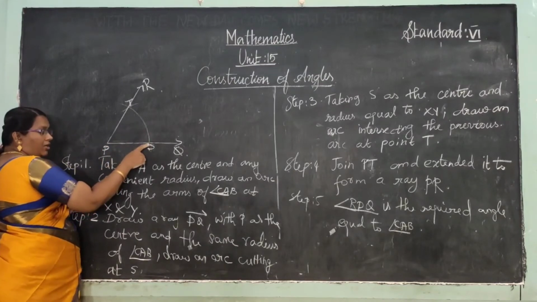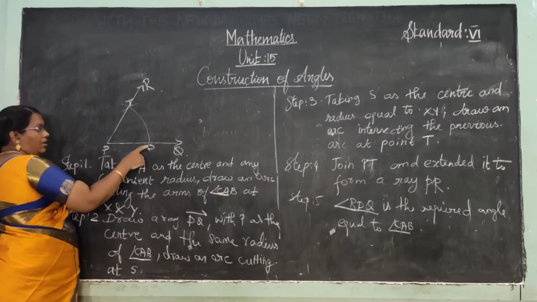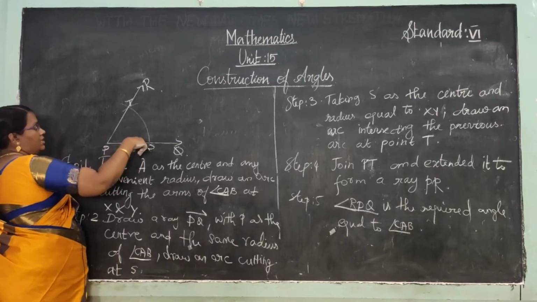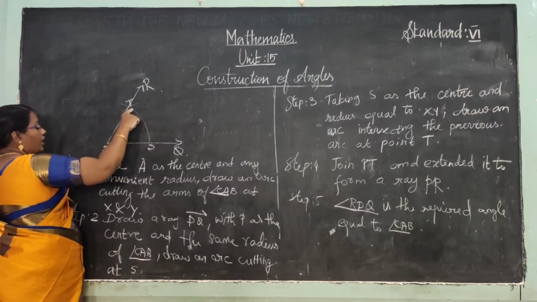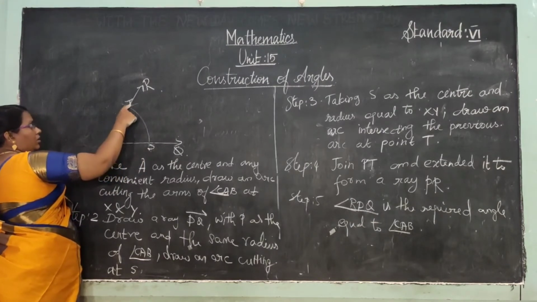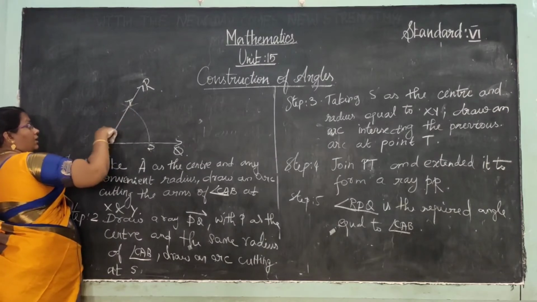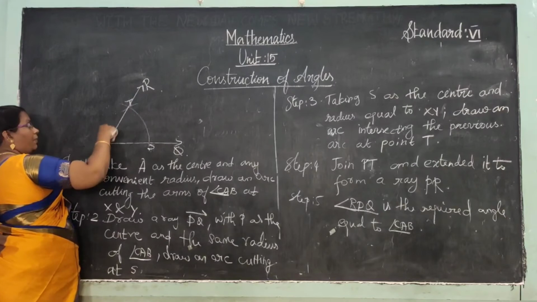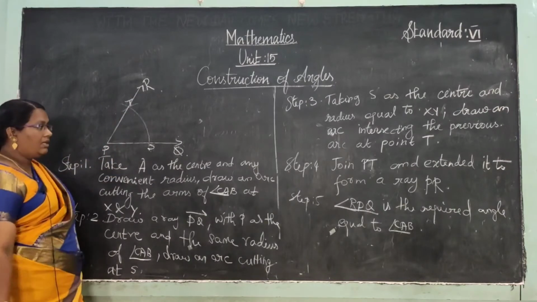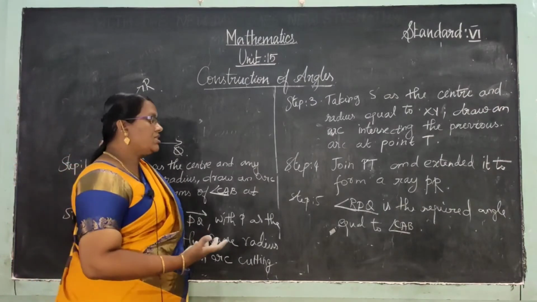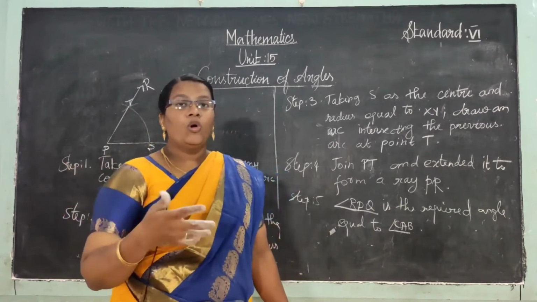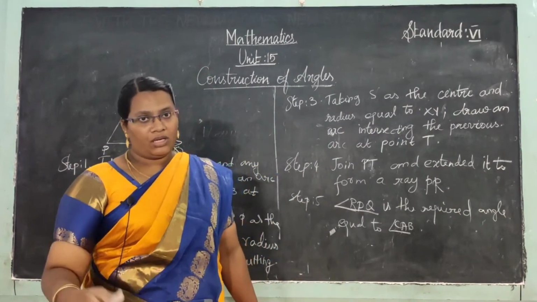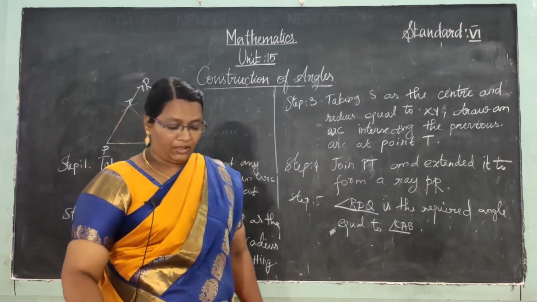The intersecting arc at the ray is denoted as S. After that we draw another arc, P is joined to T and the ray is extended to PR. Then we get the required angle. So what is the sixth step? Verify whether both angles are equal or not, using the protractor.